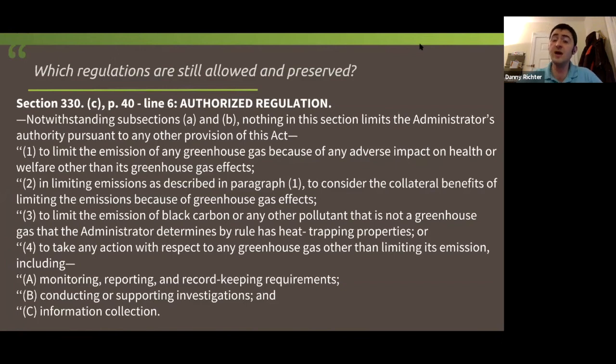For example, CO2: if you decide it's important to regulate CO2 and its effects on oceans for ocean acidification, this is saying you can still do that. You can still monitor the greenhouse gases, keep records, and collect information. The EPA can do most things. It just can't regulate these greenhouse gases for the greenhouse gas effects.